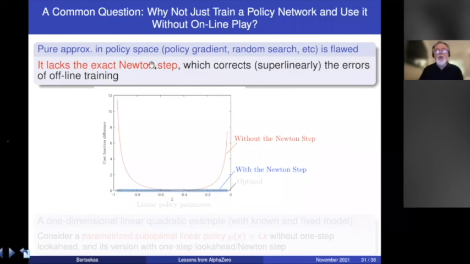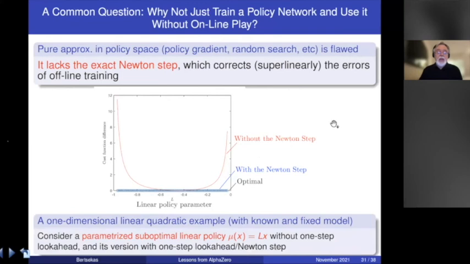There are methods called policy gradient methods, random search methods, and so on. There's a wide variety. It's a very broad field. My visualizations and my point of view suggest that this viewpoint is flawed because it lacks the exact Newton step that does all the magic. It corrects all the errors of offline training, and superlinearly so. So there's no correction mechanism in this approach, whereby we don't use a Newton step.